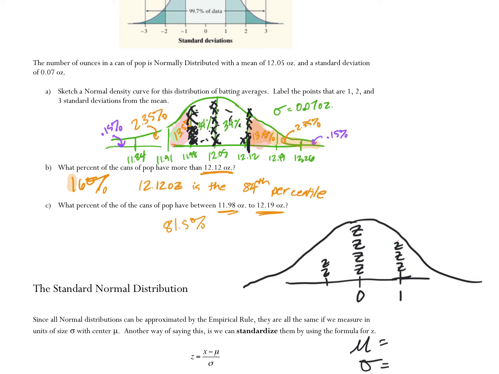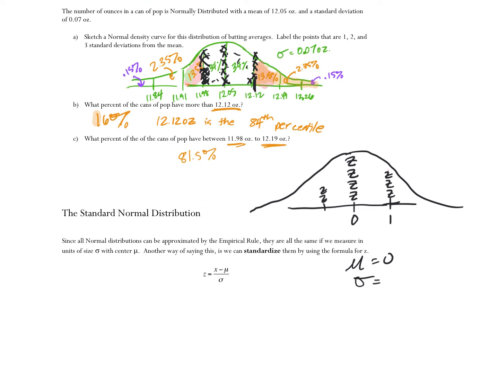The mean would be 0. The standard deviation would be 1. And folks, this is what we call the standard normal curve. It is the normal curve of standardized values.